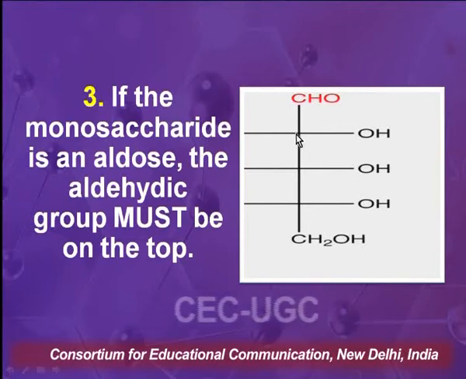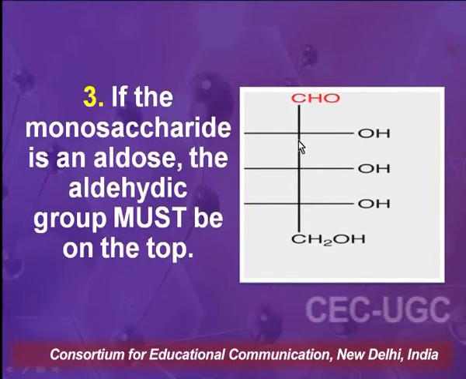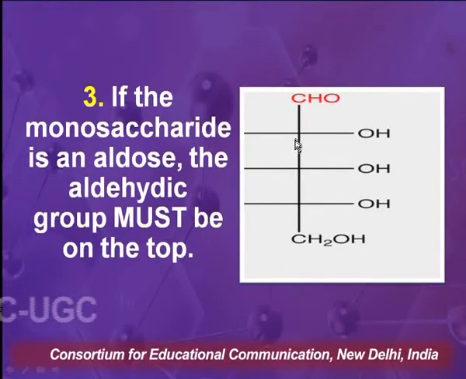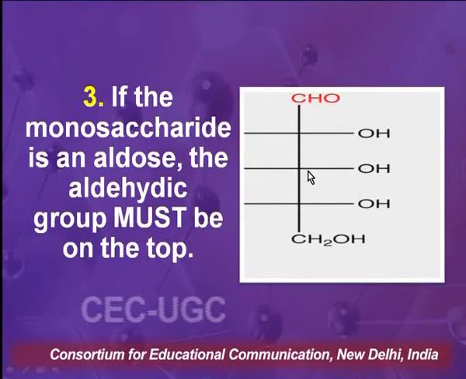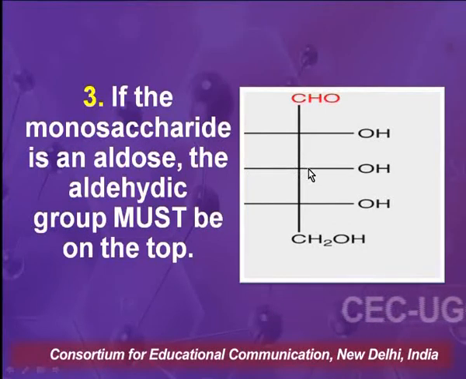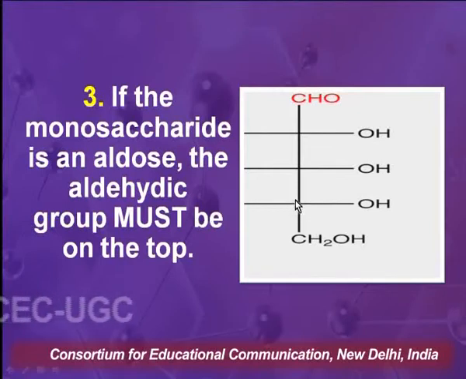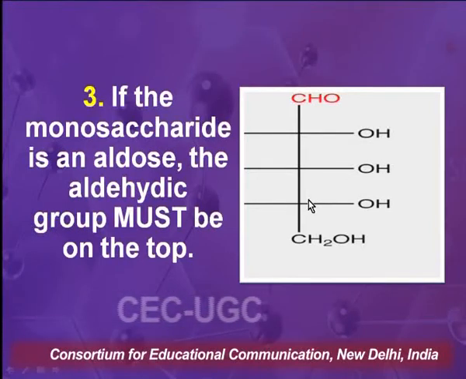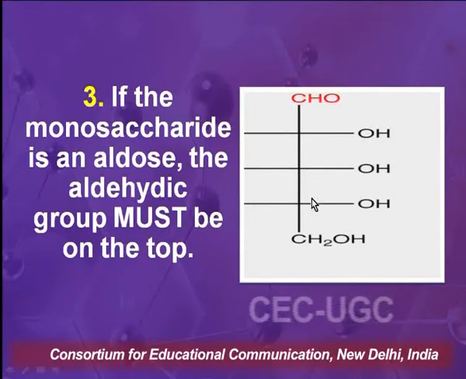It is taken that this point of intersection here is a chiral carbon. Similarly, this point of intersection is the second chiral carbon, and this point of intersection represents the third chiral carbon.